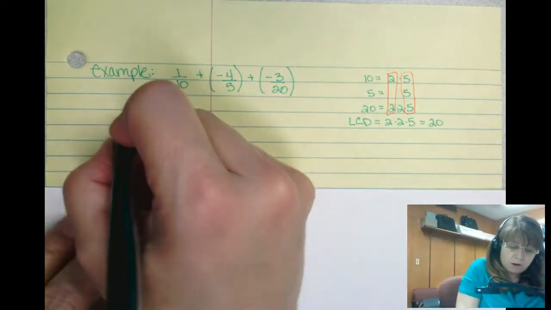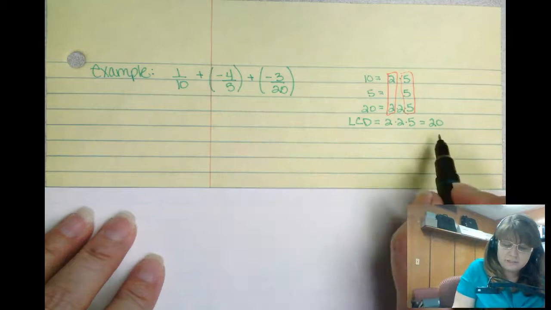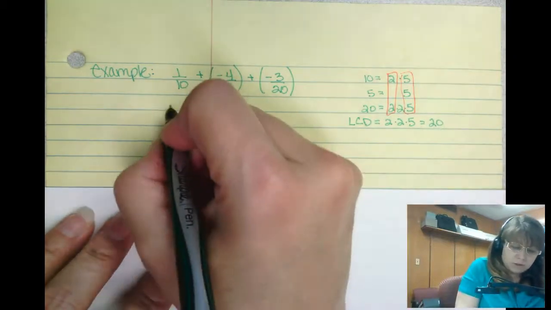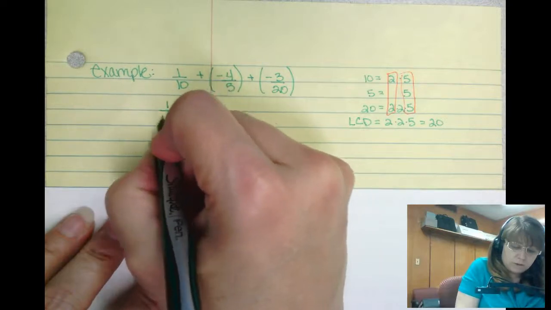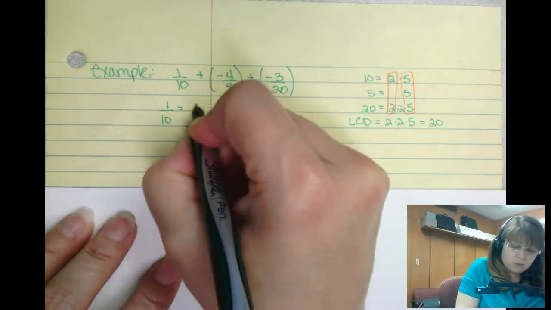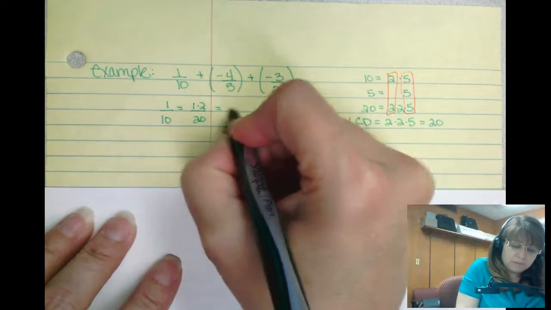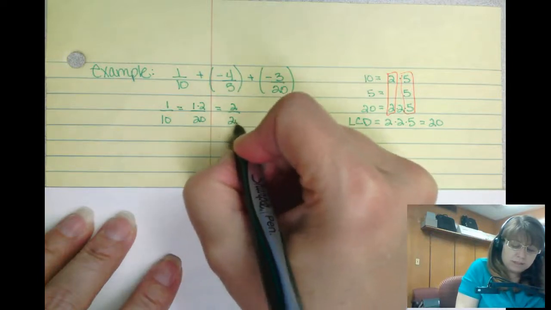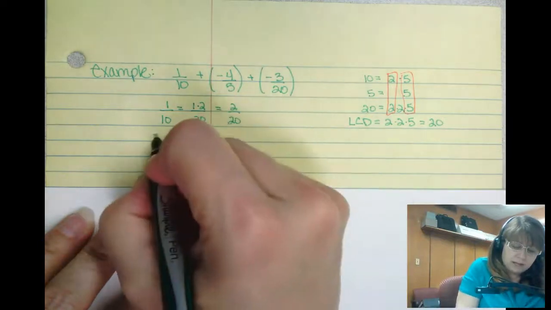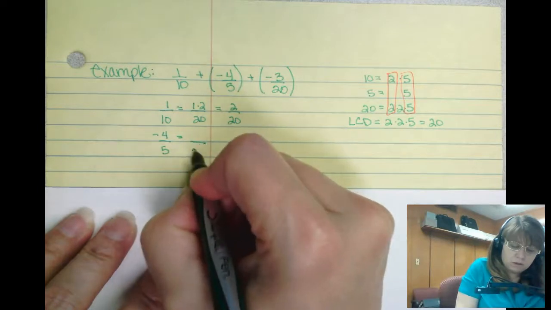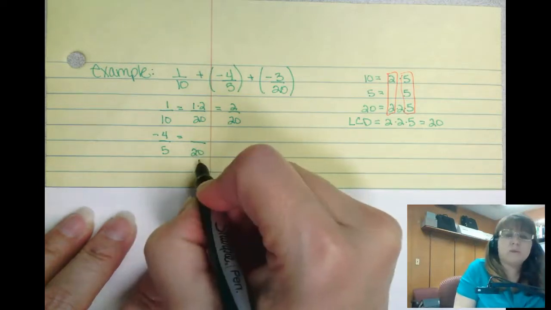Now I can rewrite all of my fractions using 20 as the denominator. So 1 over 10 will equal 1 times 2 over 20, 2 over 20. Negative 4/5 will equal 5 times 4 will give me 20.